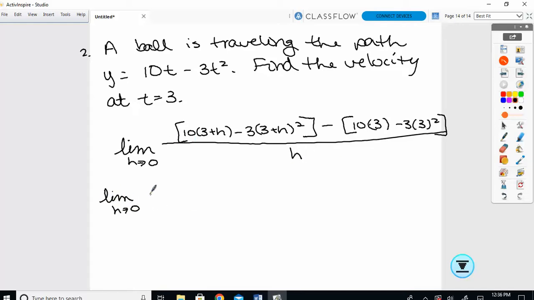So what do we do? Let's start multiplying it all out. Can I square this and distribute a 3 at the same time? Yeah. Okay, so that would be 9 times negative 3, so negative 27. 6h times 3.